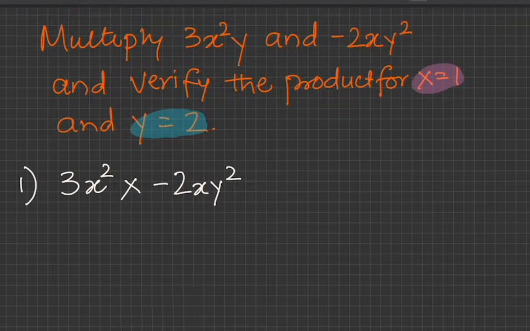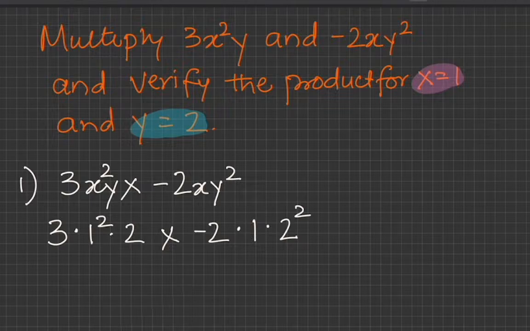And we know the value of x is 1. So 3 times 1 squared times 2, multiplied by negative 2 times 1 times 2 squared. So we have 3 times 1. 1 squared is nothing but 1, times 2 times negative 2 times 1 times 2 times 2 is 4.